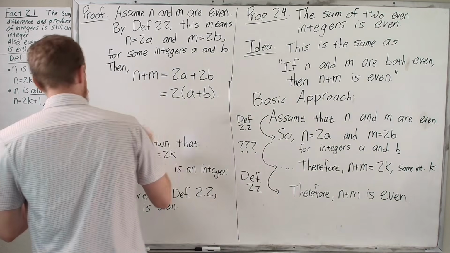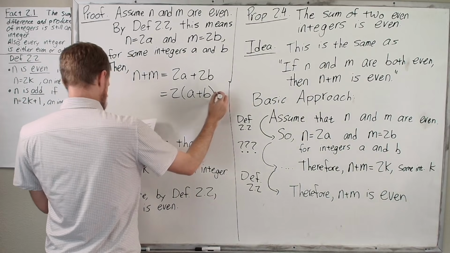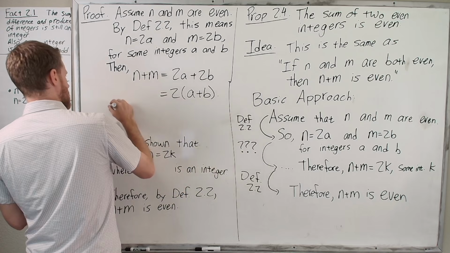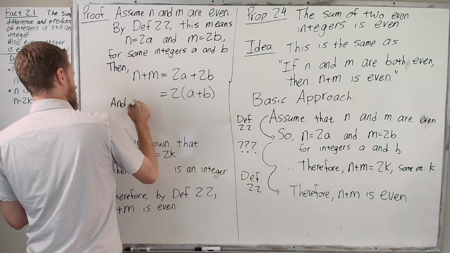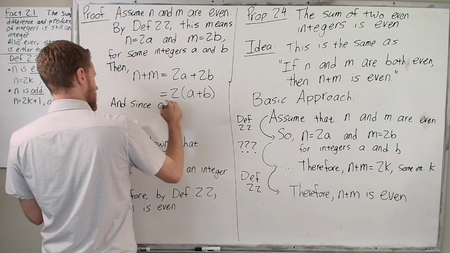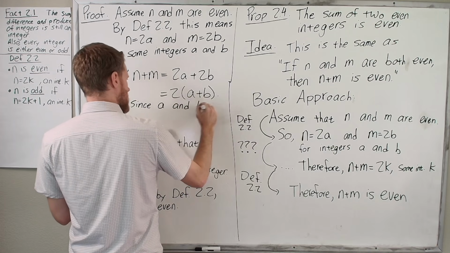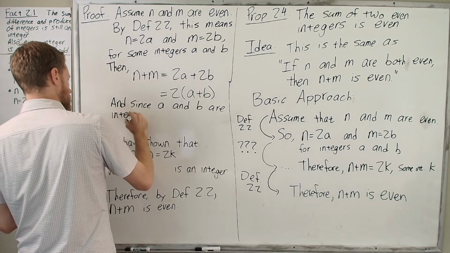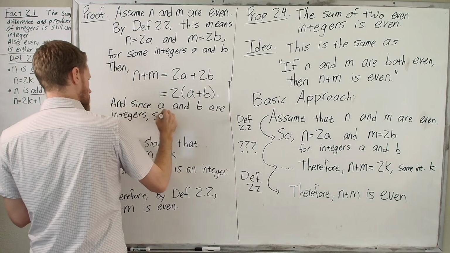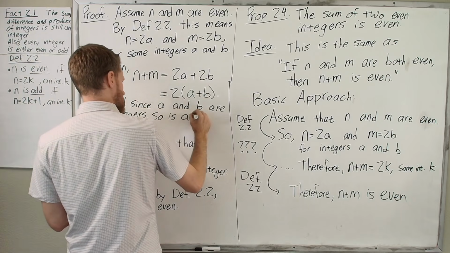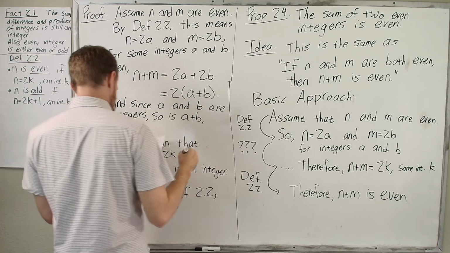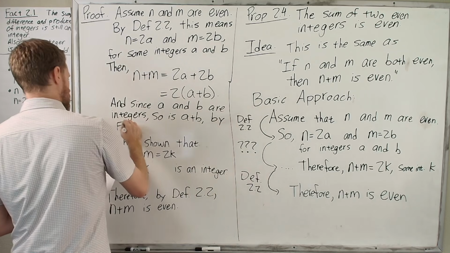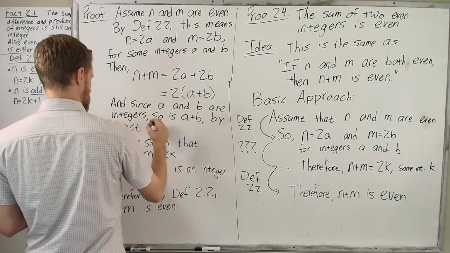So we should say, since a and b are integers, so is a plus b. And that is according to fact 2.1.